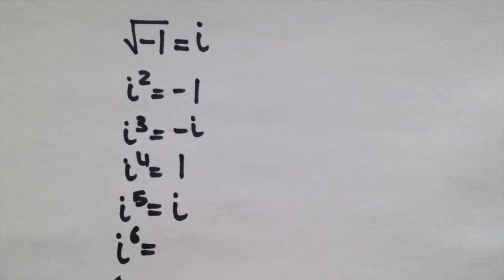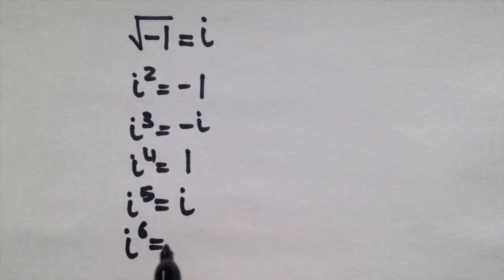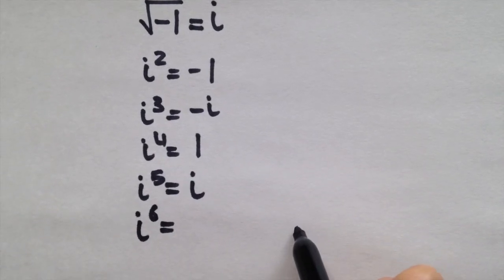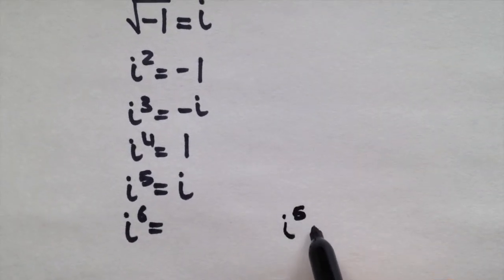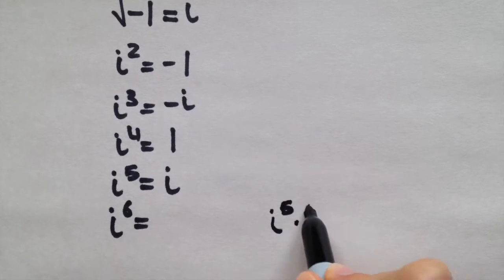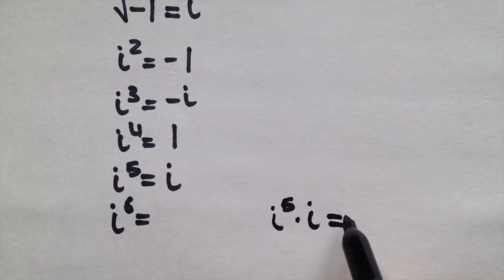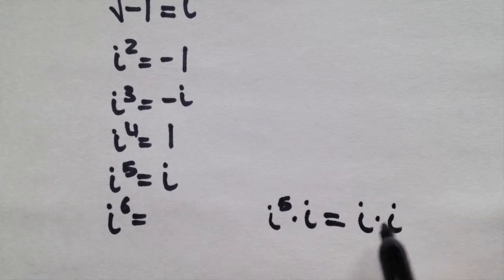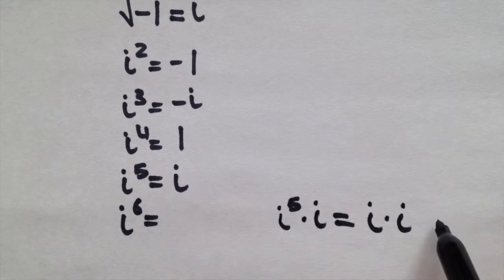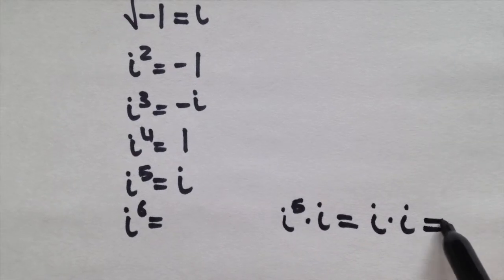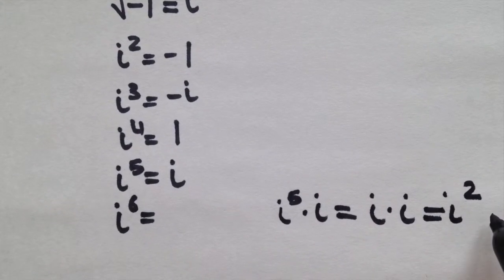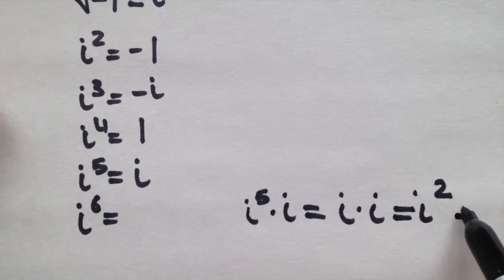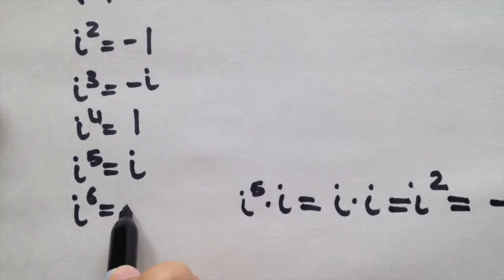Now if we get to i to the power of 6, we will begin to notice that there's a pattern. So let me explain this. i to the power of 5 times i, right, is equal to i times i, because i to the power of 5 is i, right? And that is equal to i squared. And as we learned up here, i squared is equal to -1.